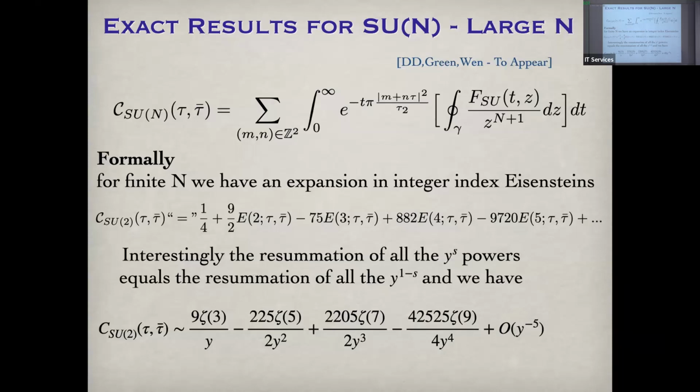The interesting thing is that if in this formal expression, you take all the positive powers and you resum them and you expand them at the cusp, you actually get identically the expansion of all the negative powers. So morally, what's happening is that in E2, you take the coefficient of y to the 1 minus s and you double it. And the expansion that you get is this one. However, you don't have to do it. You just need to take this expansion and expand it at the cusp. And it gives you this expression in here.